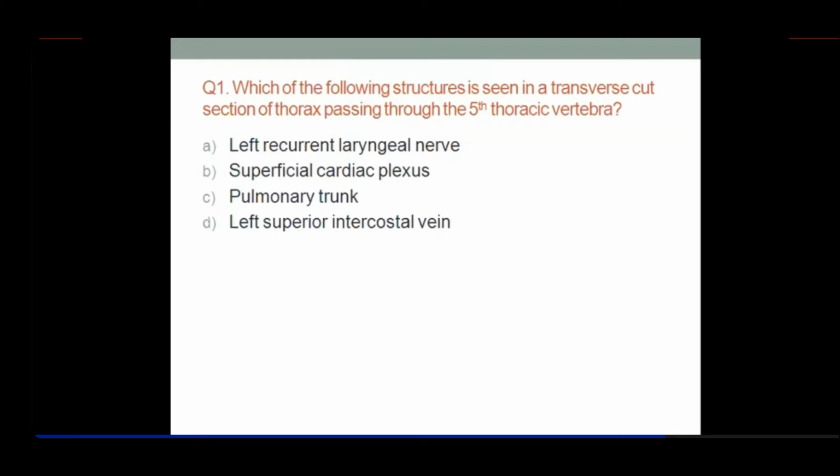Instead of raising hand, you can unmute and answer, because the chat window is closed. Or if you are not able to answer, let me explain. Anybody guessing? Pulmonary trunk, C. Okay, Simran, so the answer is pulmonary trunk.